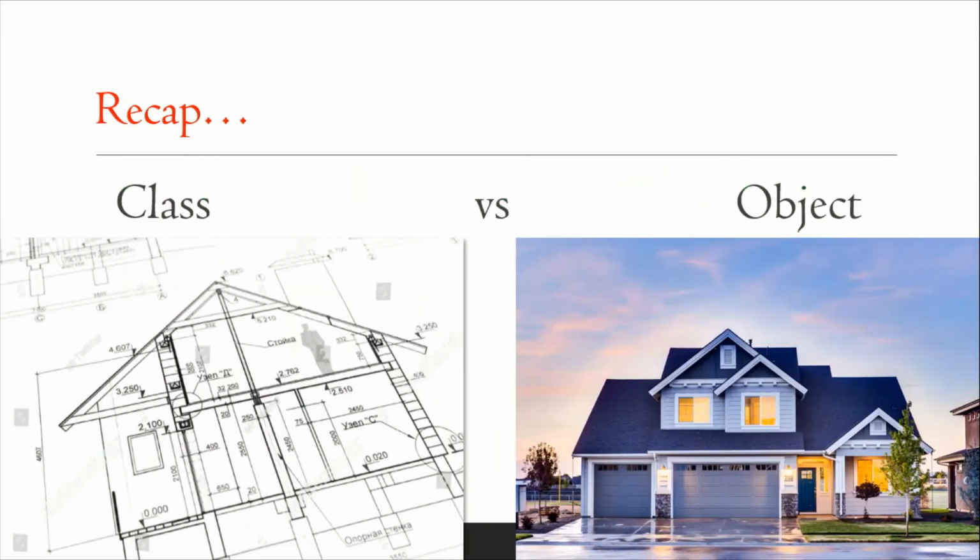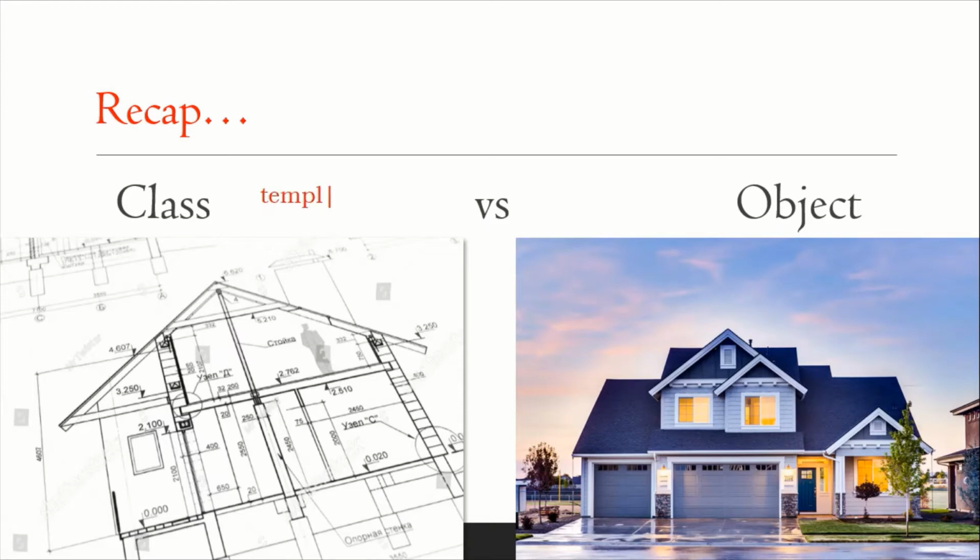Now this is the difference between a class and object. You may be wondering, I said object has attributes and operations. Class also has attributes and operations. Then what is the difference between a class and an object? You know, a class is just a template. Have you ever heard the word template? Template means it's not a real thing.